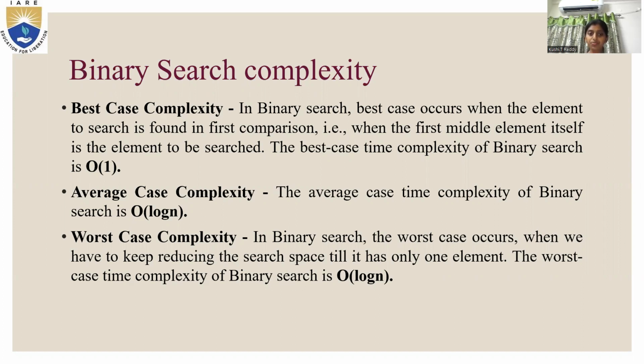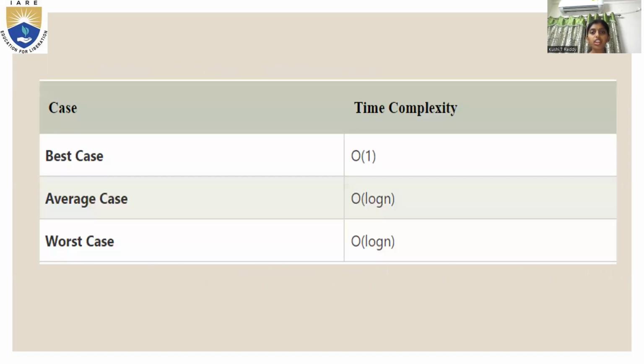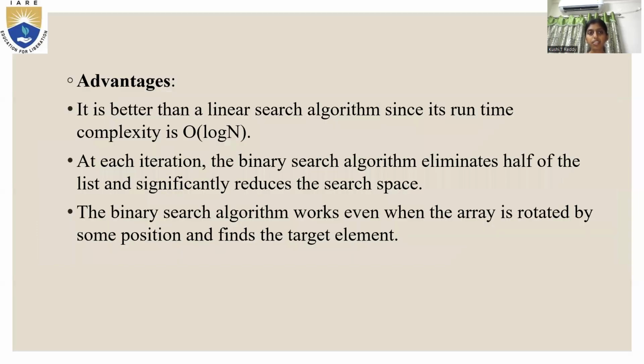And the worst case complexity: in binary search, the worst case occurs when we have to keep reducing the search space till it has only one element. The worst case time complexity of binary search is big O of log n. So these are the time complexities: best case big O of 1, average case big O of log n, and worst case is also big O of log n.